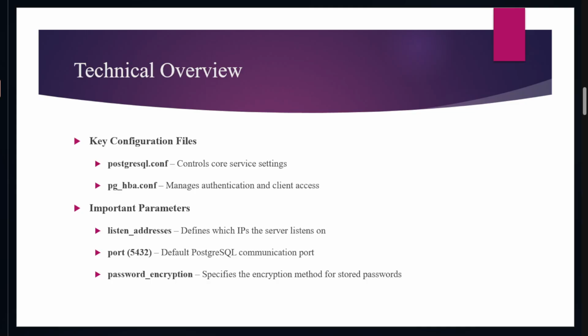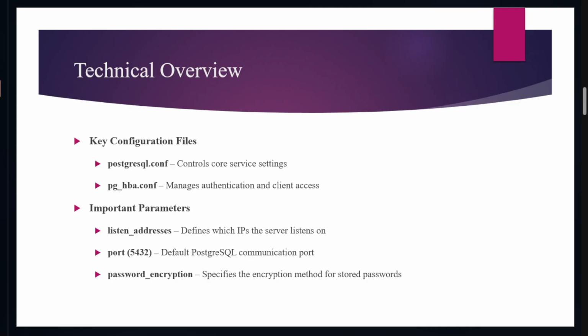A few parameters are especially critical for setup and security. Listen_addresses determines which IPs the database listens on. Setting this carefully helps limit access to trusted hosts. Port defines which network port Postgre communicates through.